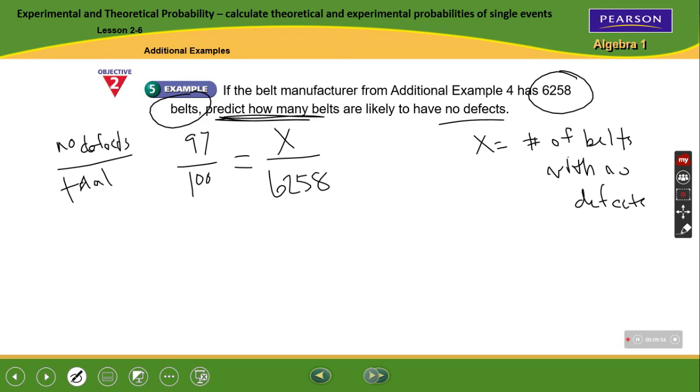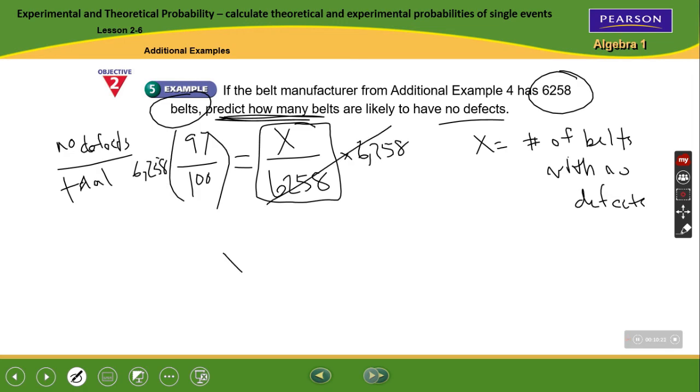So in order to solve for x, we need to get rid of the 6,258. Seeing how x is being divided by 6,258, we are going to multiply by 6,258 on both sides. So we're going to cross those out.